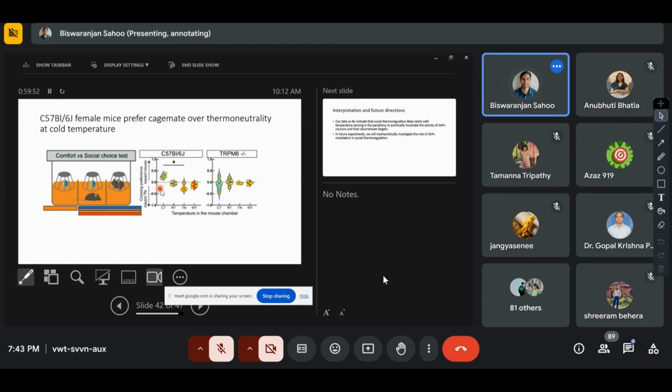In the cold, they are not going to the comfort zone, they are going to interact with the cage mate because they're feeling cold. Unfortunately the mouse is inside a cup so they cannot huddle, but still they frequently visit that mouse. Whereas the TRPM8 cold and warm sensor knockouts don't have any preference.